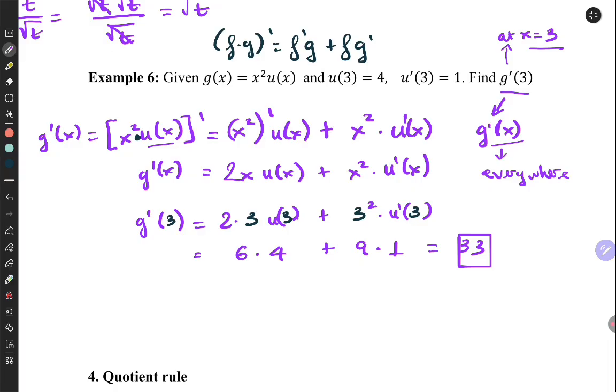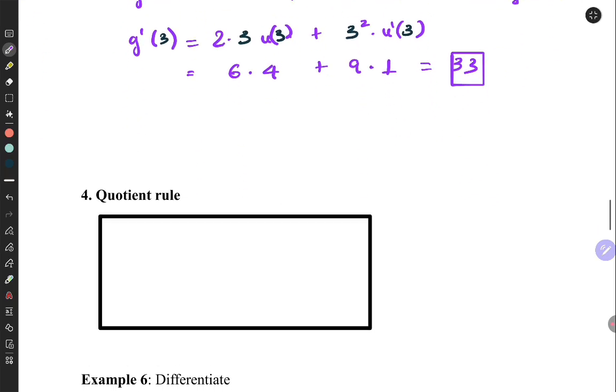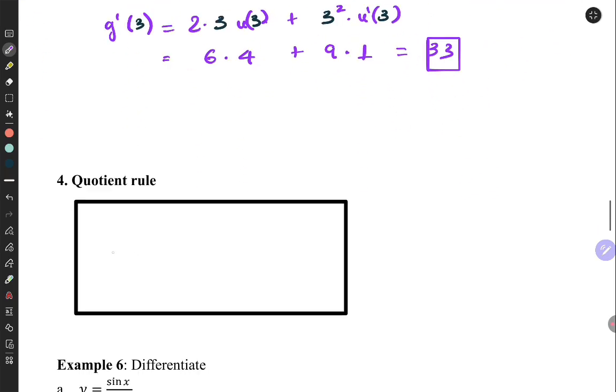Okay, so that is the product rule. So power rule, product rule. Now the quotient. Okay, quotient, that means when you have a division, a quotient, a division of two functions.